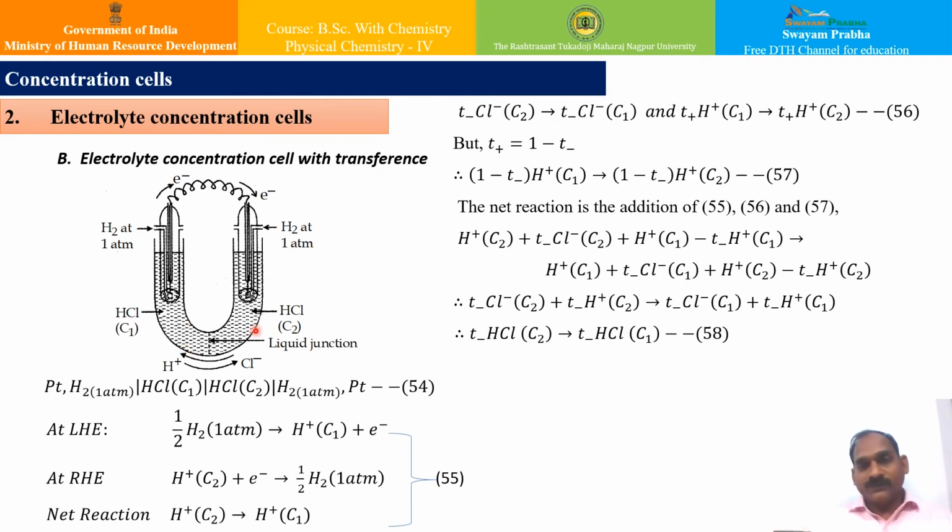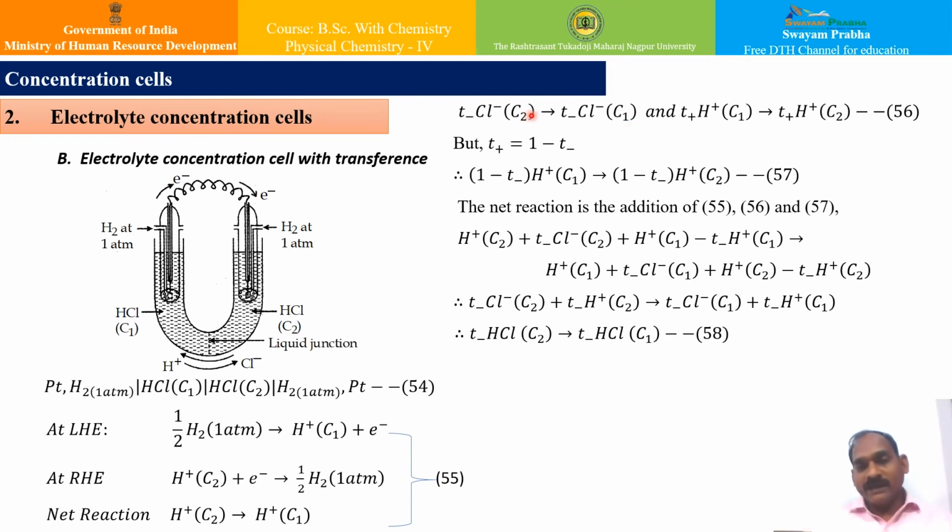So now if I represent T plus and T minus as the transport numbers of H plus and Cl minus ions, these processes can be shown by this particular equation. You can see the transport number of chloride ions at concentration C2 will lead to the transport number of chloride ions at concentration C1.